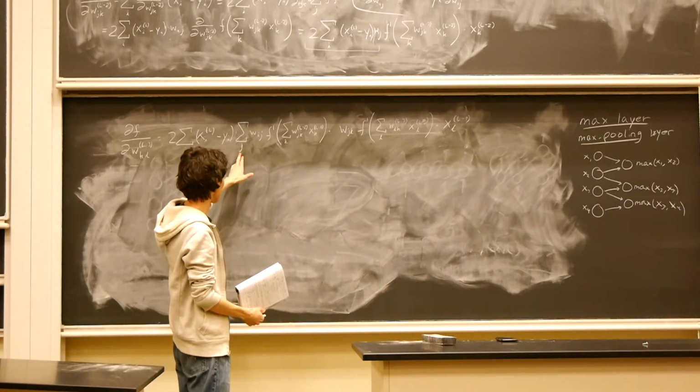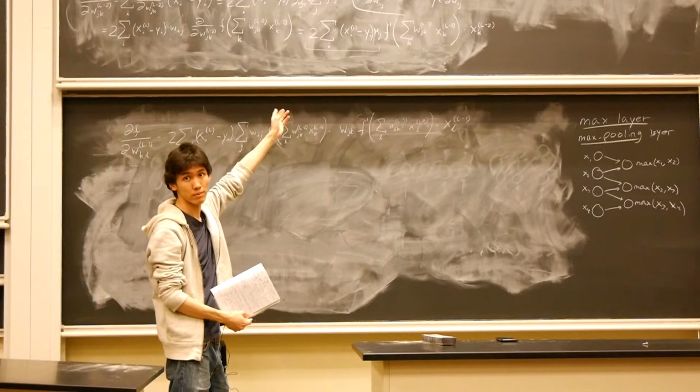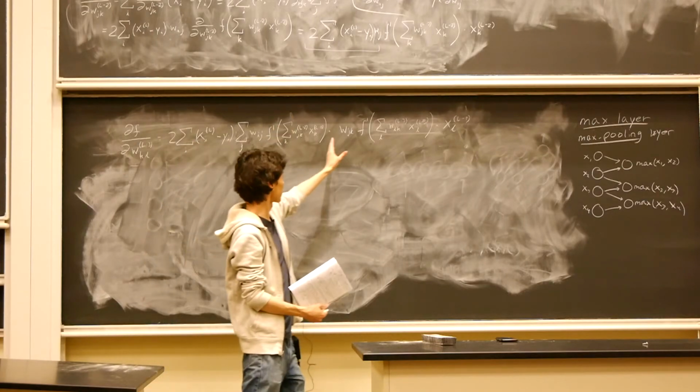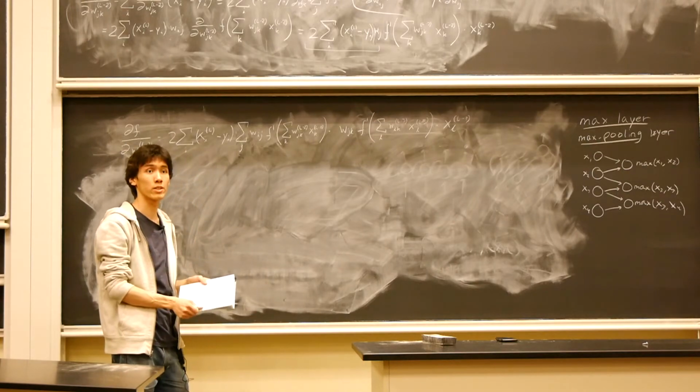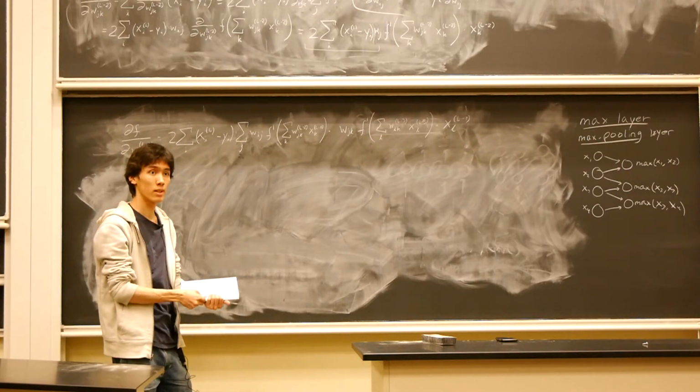So this is now just a sum over j of the previous gradient, right? And we multiply it by this term. That gives me all of the gradients for the next set of connection weights going backwards in the network.